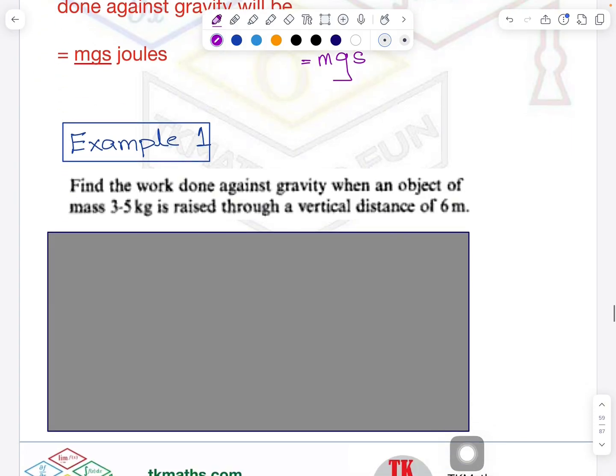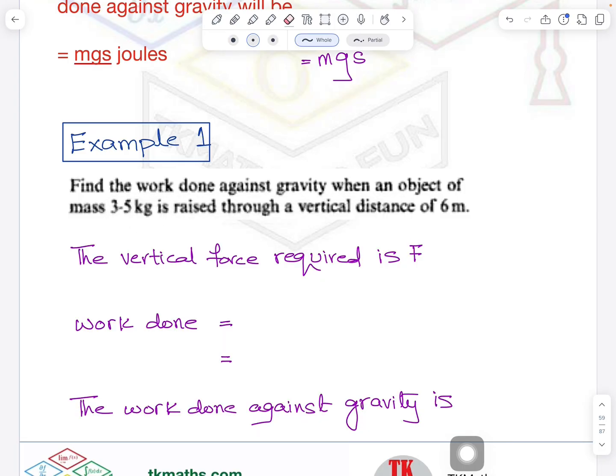Let's see one example here. By the way, these are small examples. When we do past papers, because they have a mixture of concepts, they mingle many things. So that's why we are doing it one at a time, and then we will merge them. The question is: find the work done against gravity when an object of mass 3.5 kg is raised through a vertical distance of 6 meters. So for example, this is my object here, 3.5 kg, and force is applied on it.